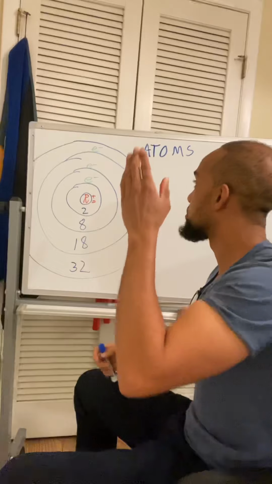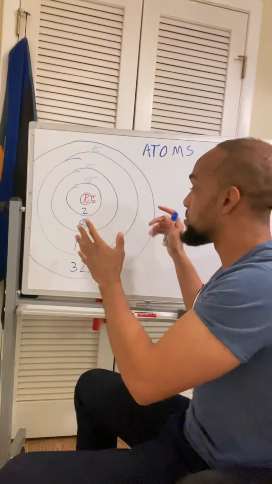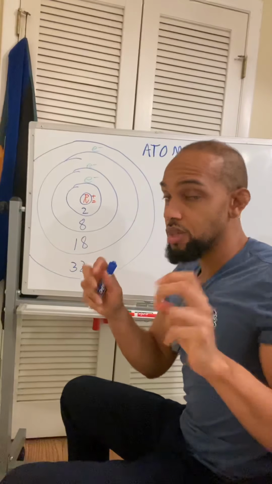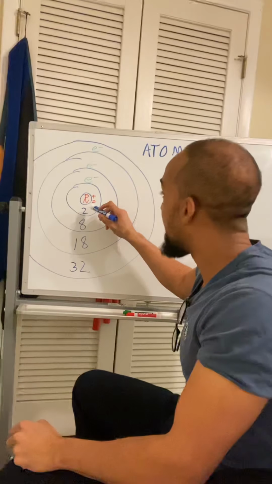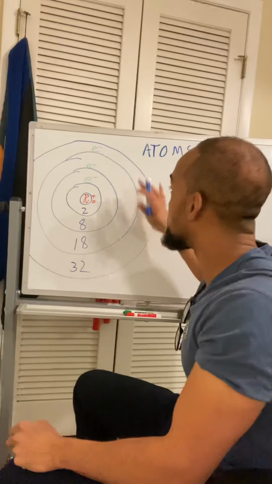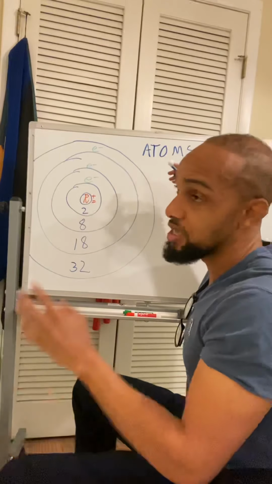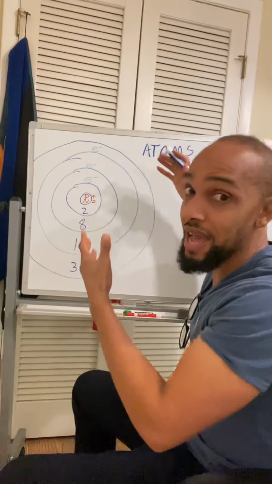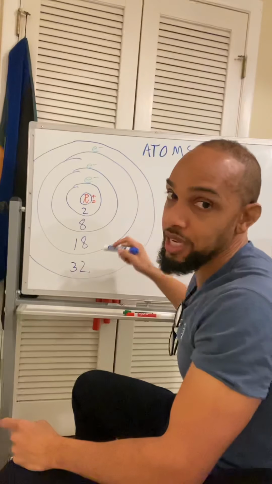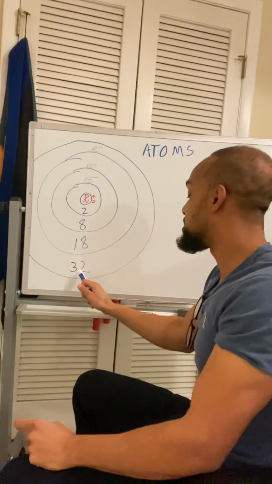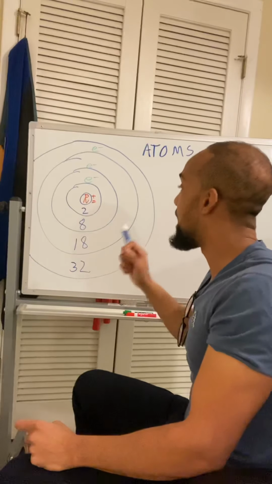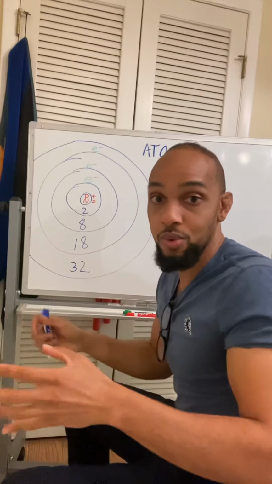Well, the thing about atoms is they don't like to be unstable. So they want to have full energy levels, or at least the outermost energy level. And this is me speaking metaphorically as if they have a personality. Atoms want to have a full outer energy level. Say, for instance, this last energy level being 32, if it only had 31, that means that it's not stable.